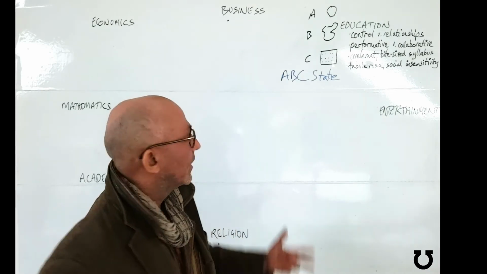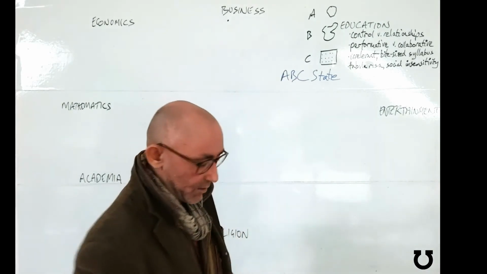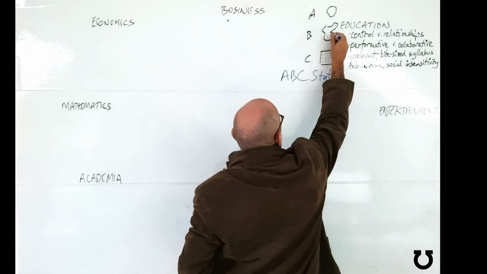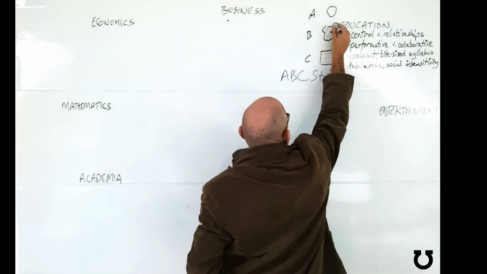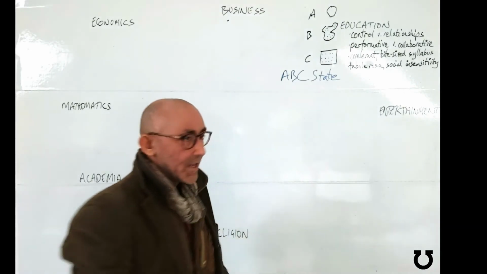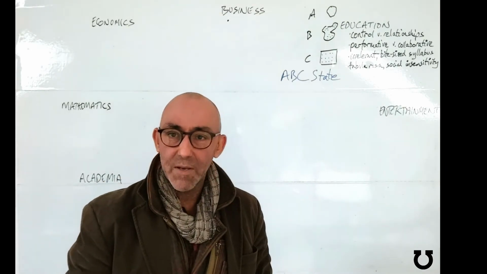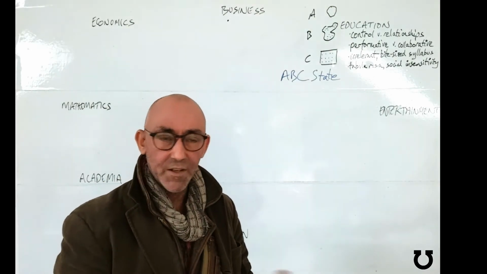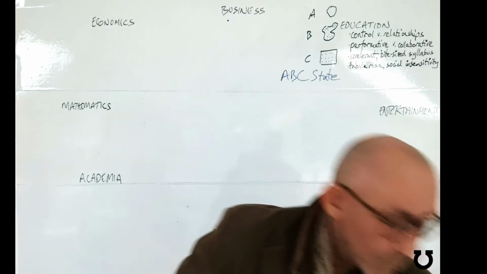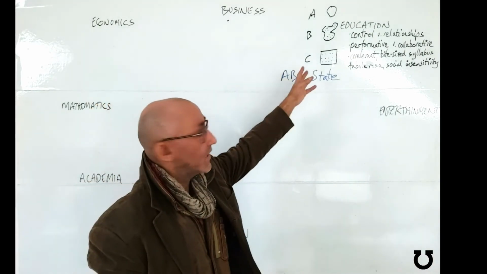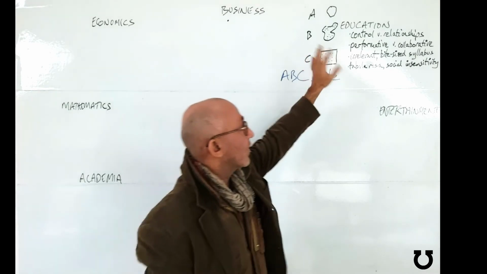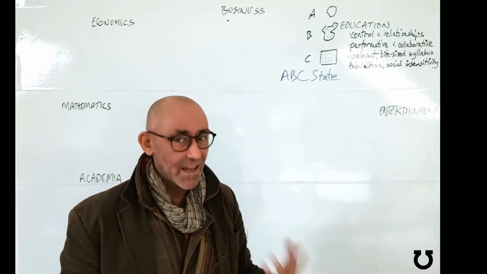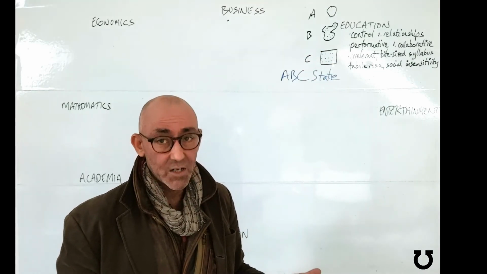A B state class, however, has different groups of people that know each other, that engage, and there's a greater flexibility as to how they're engaging. However, collectively they still go forward and learn whatever is required to be learned.